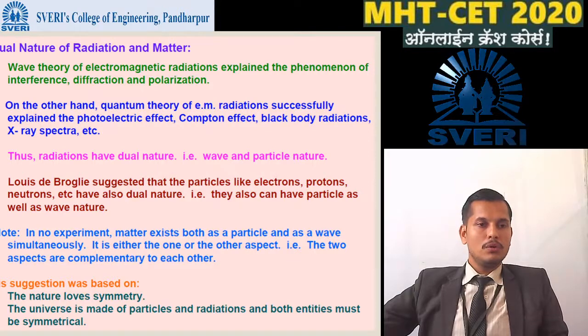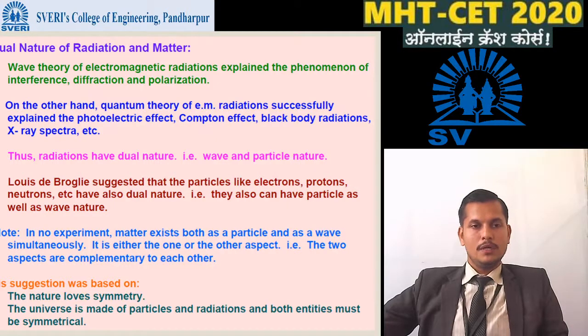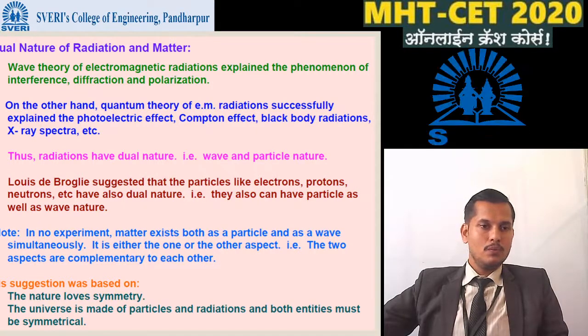Louis de Broglie suggested that the particles like electrons, protons, neutrons, etc. have also dual nature. That is, they also can have particle as well as wave nature, which we are calling it as a matter wave.